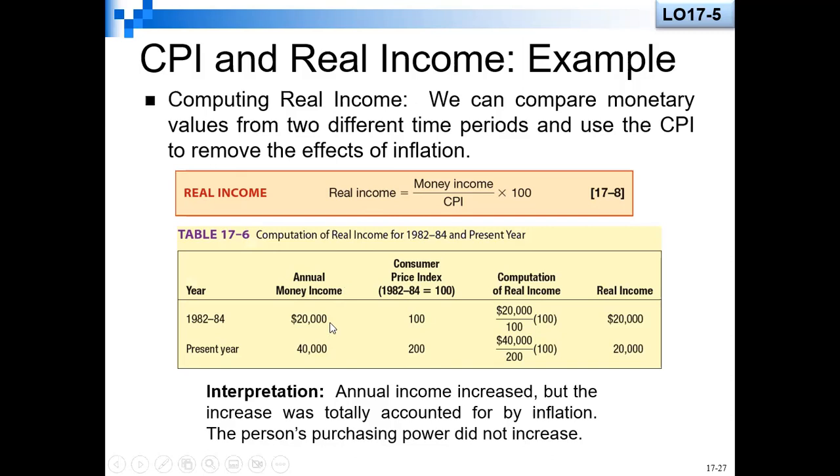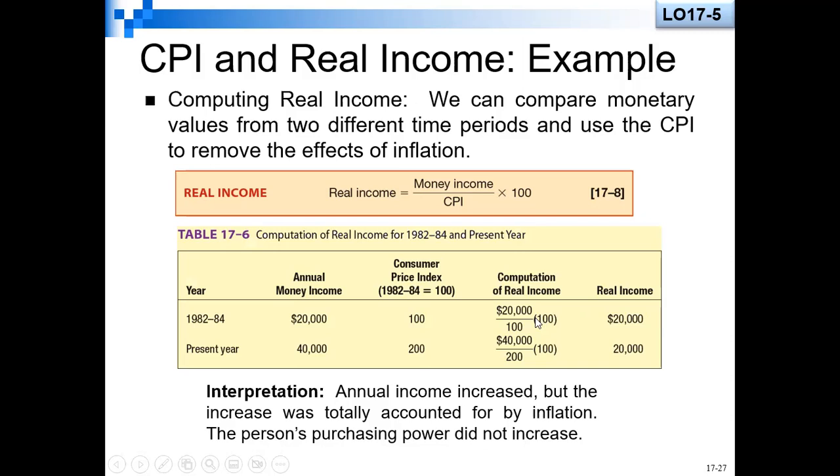Now, suppose your annual income was $20,000 in 1982. And the next year, 1983, your income is $40,000. But the consumer price index was 100 this year and 200 the next year.